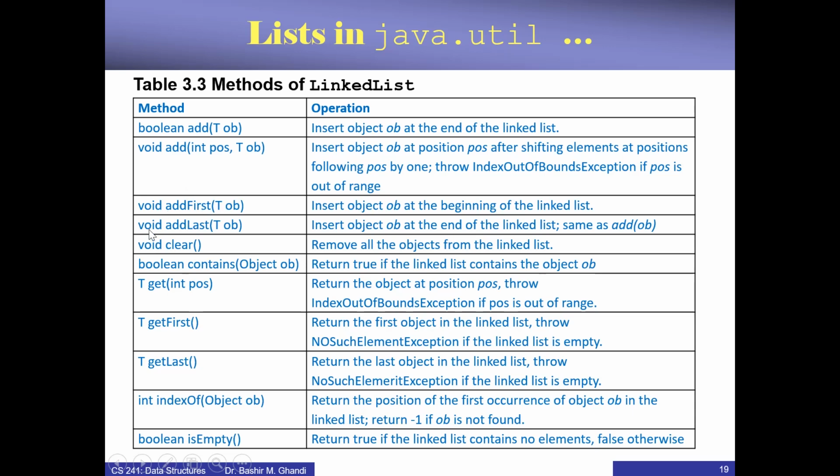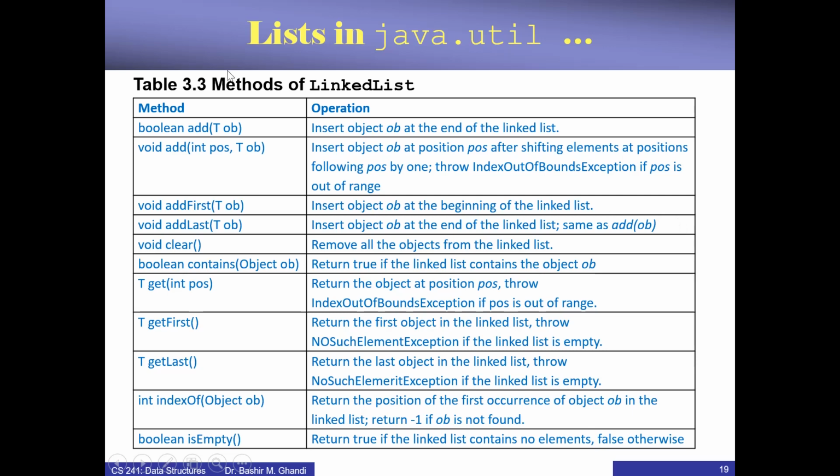The last two methods are exactly like our add to head and add to tail. The only difference is the name. Here they call it add first and add last. Add first will insert an object at the beginning of the list, whereas add last will insert an object at the end of the list.